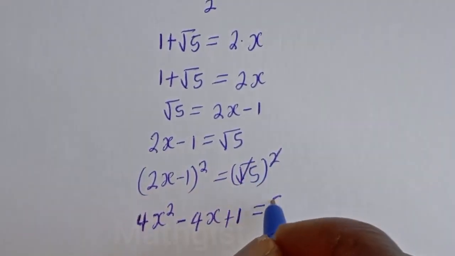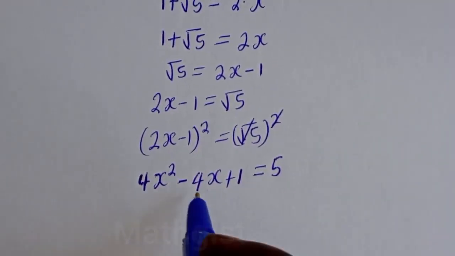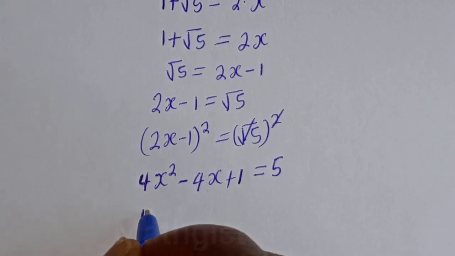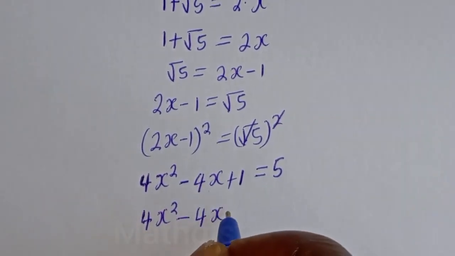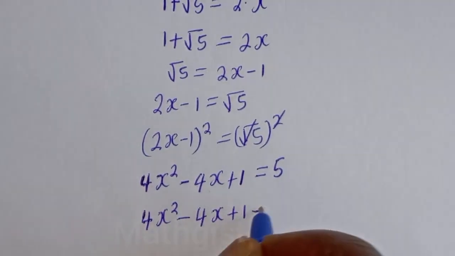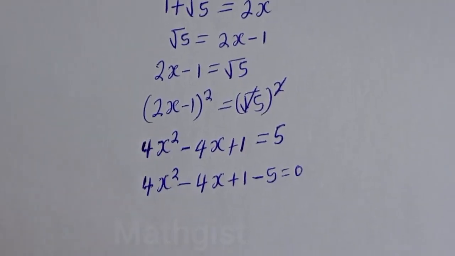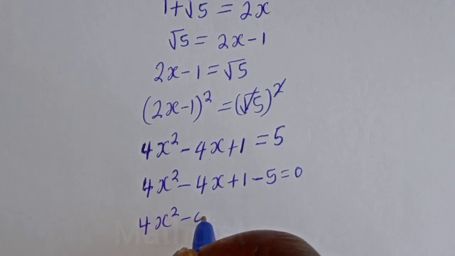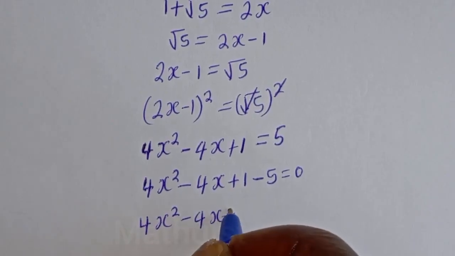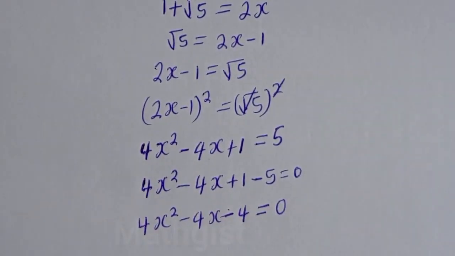We cancel this, 5. Then this is 4x² − 4x + 1 − 5 is equal to 0. 4x² − 4x − 4 is equal to 0.